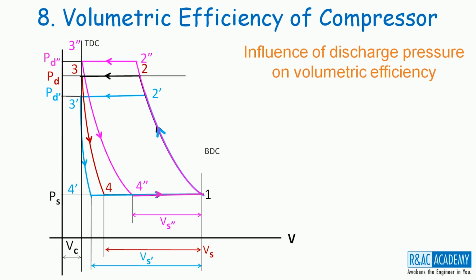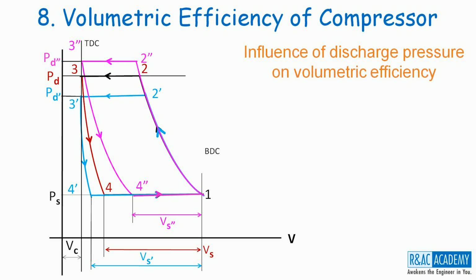It is because more portion of the stroke length is consumed for the re-expansion of the clearance gases. Therefore, whenever the discharge pressure is increased, the actual volume of the vapor sucked into the cylinder will be reduced and hence the volumetric efficiency also will be lower.